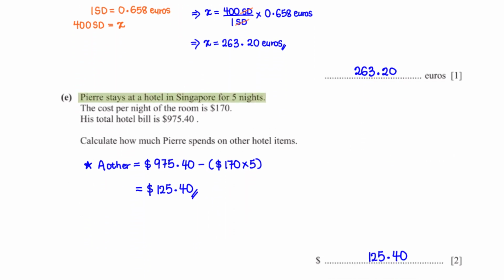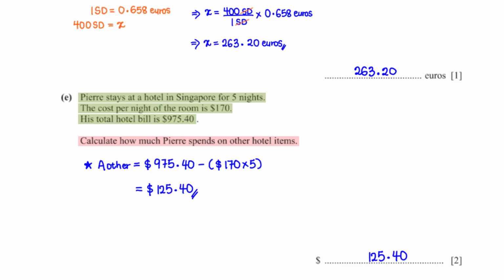Pierre stays at a hotel in Singapore for 5 nights. The cost per night of the room is $170. His total hotel bill is $975.40. Calculate how much Pierre spends on other hotel items.